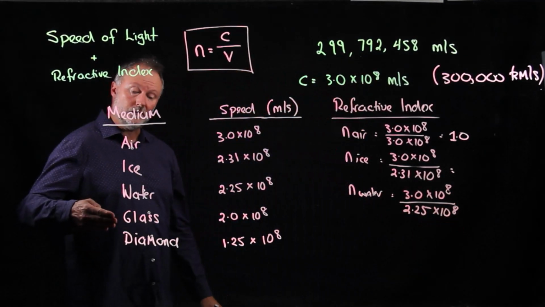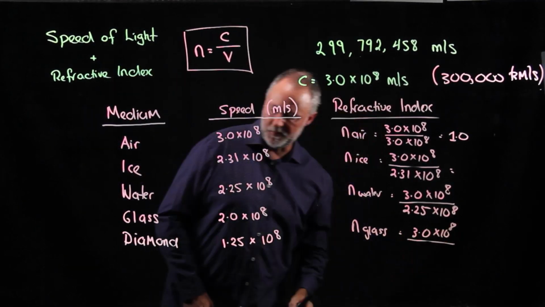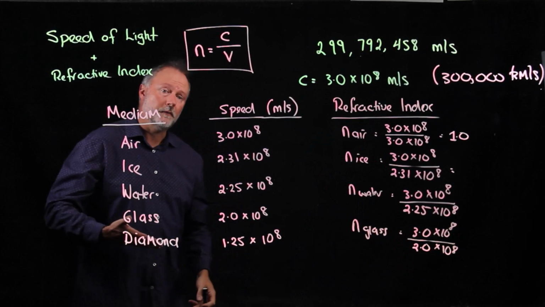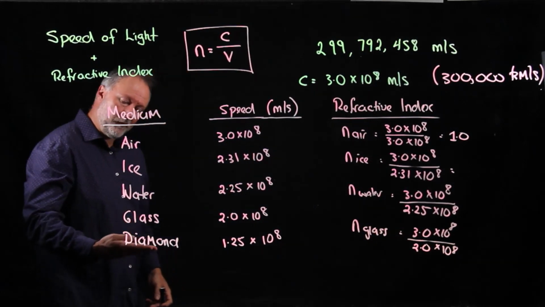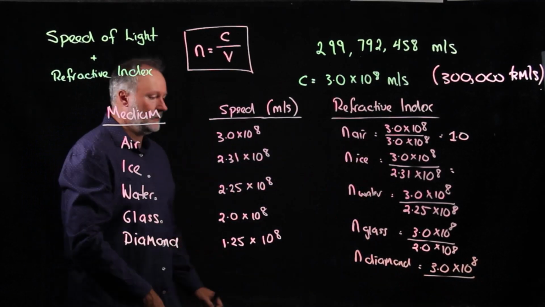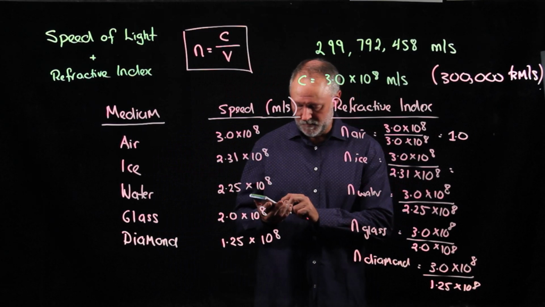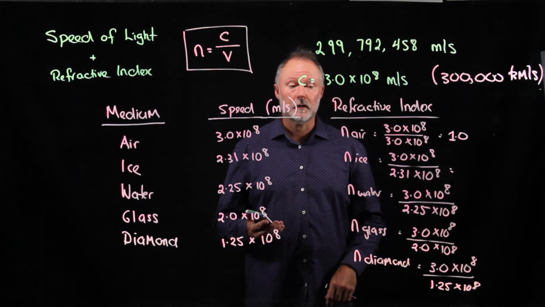To calculate the refractive index of glass. And for our final example, we're looking for the refractive index of diamond. Now, using my calculator, we can complete the following calculations.